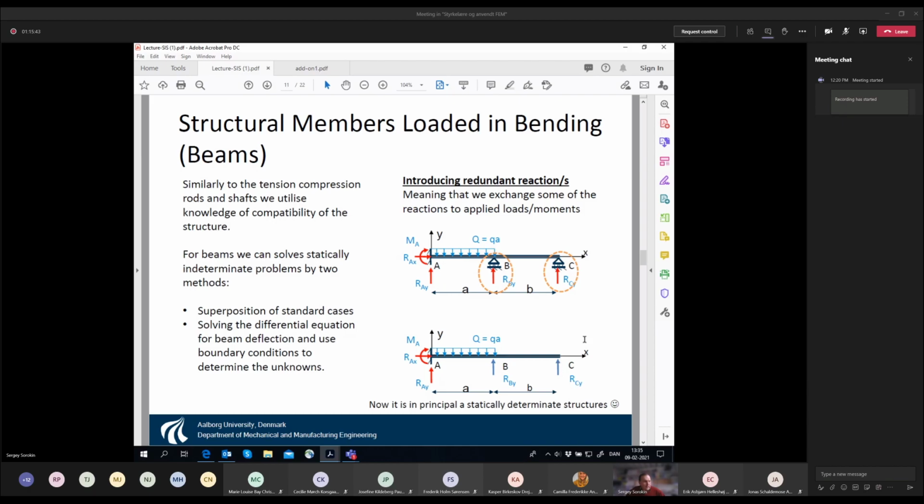Now we have a cantilever beam, which is statically determined, because now we have this moment and 2 reaction forces. They can be found from the equilibrium equations if we know this force at point B and this force at point C. So we replaced the statically indeterminate system with a statically determinate one, but we need to find these reaction forces. Does that make sense?